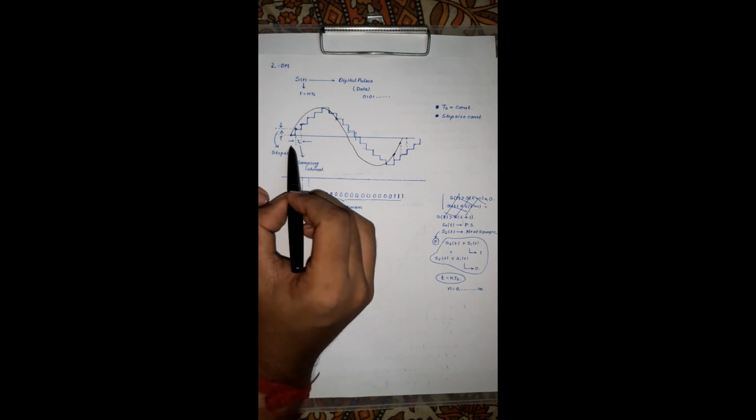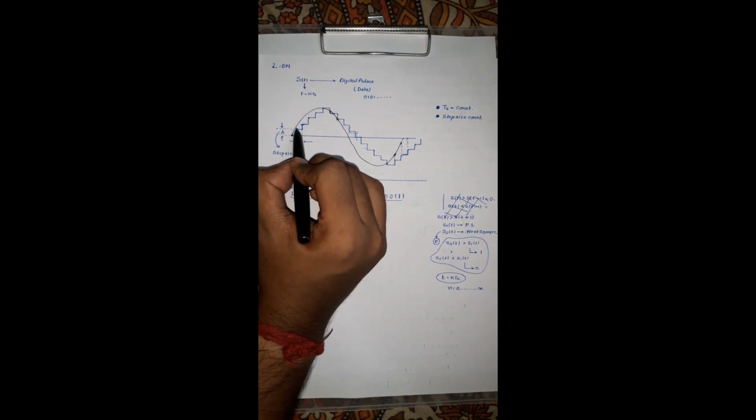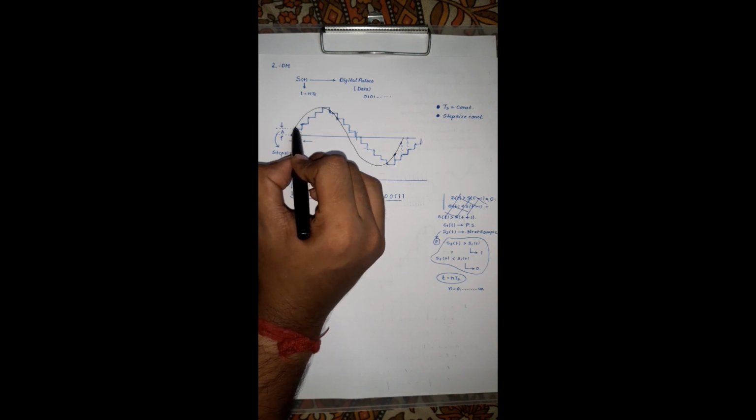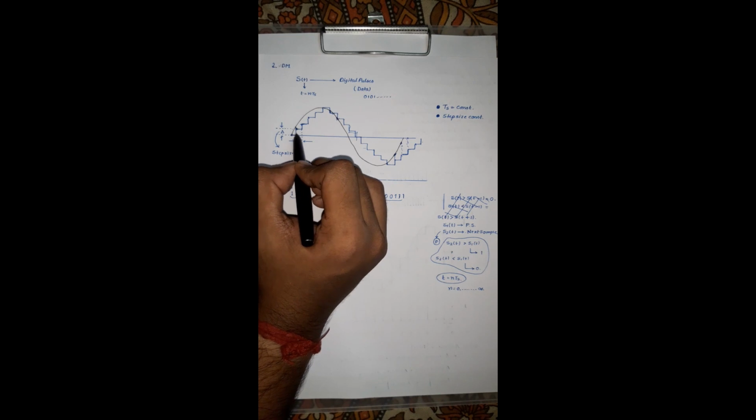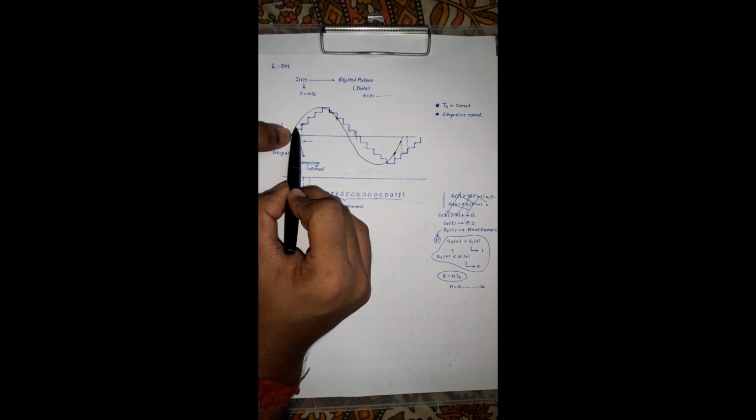So whatever we are going to see here is that after a particular constant time interval, that is Ts, it is watching the value at that particular time. Suppose for t equal to 0 it is sampling here, for the next instant it is sampling here.